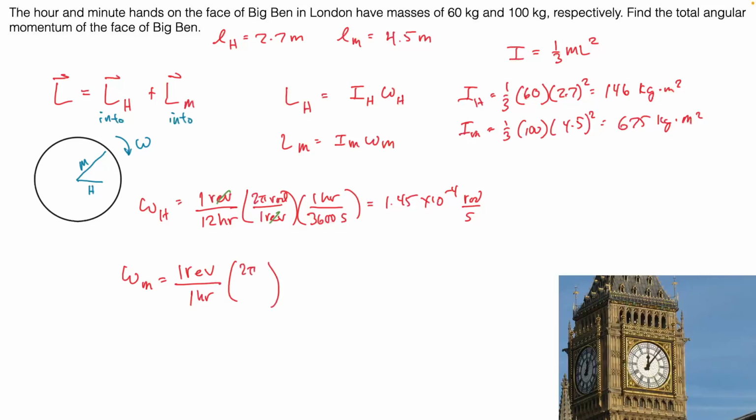And again, 2 pi radians per revolution. And then in 1 hour, 3,600 seconds. And I forgot to cancel my units over here, but revolutions, hours, I'm left with radians per second. That's exactly what I wanted. And we get 1.75 times 10 to the minus 3 radians per second.